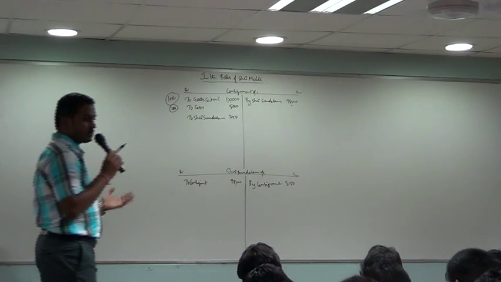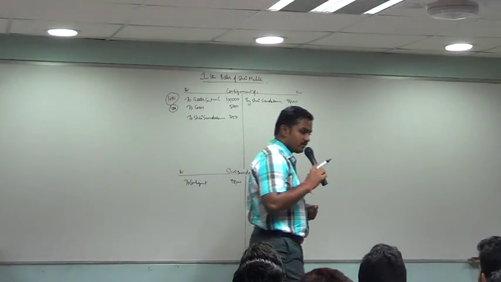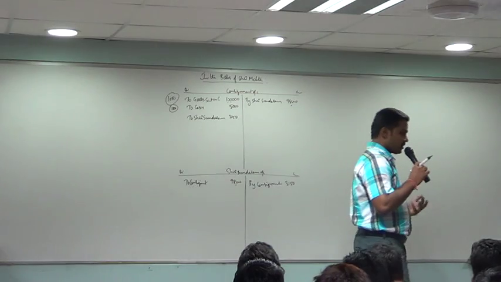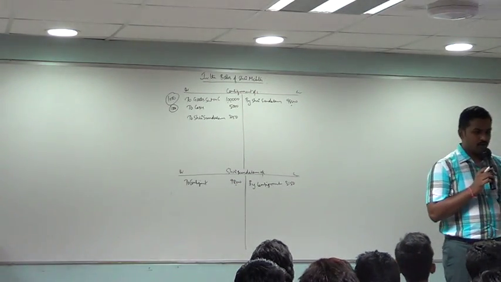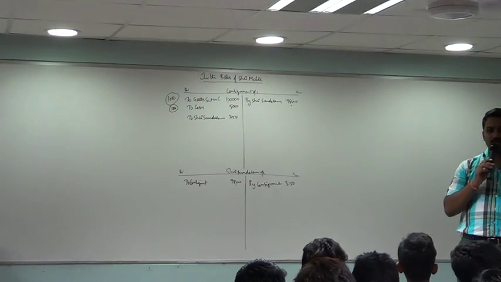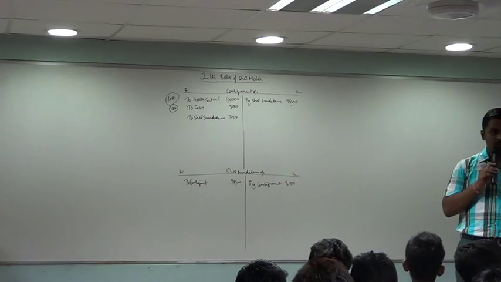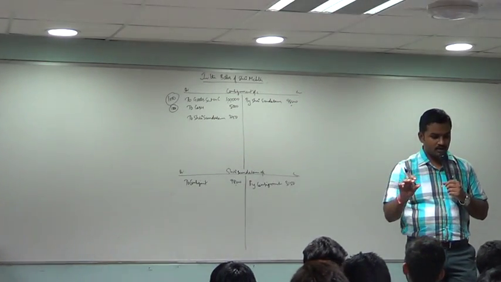It is found that 50 cases have been lost in transit. 50 boxes have been lost in transit. It's an abnormal loss. I think you remember goods lost by fire. What is the entry we used to pass? Goods lost by fire account debit to trading account. We wanted to remove the cost price of goods lost by fire from the debit side of the trading account, because we said only cost price of goods sold can be debited to the trading account.